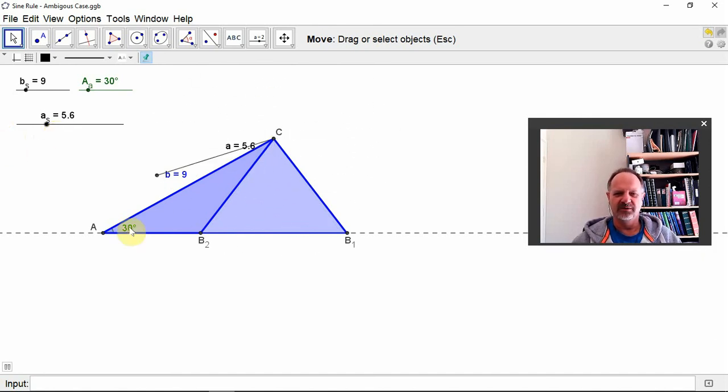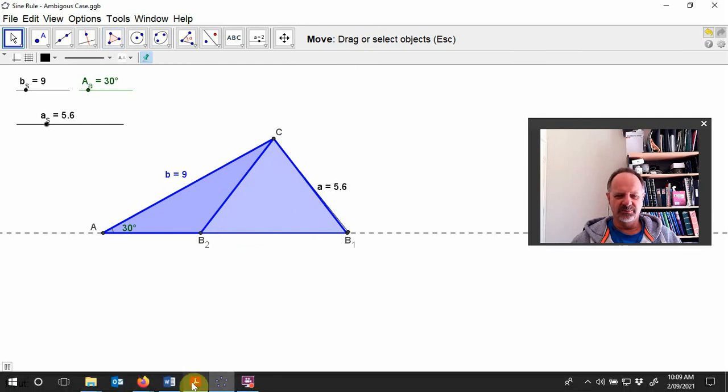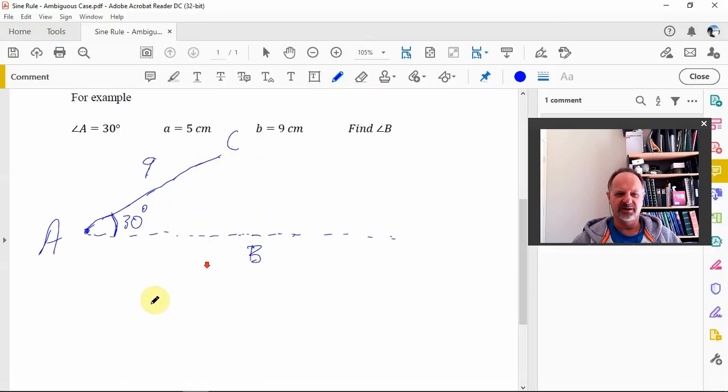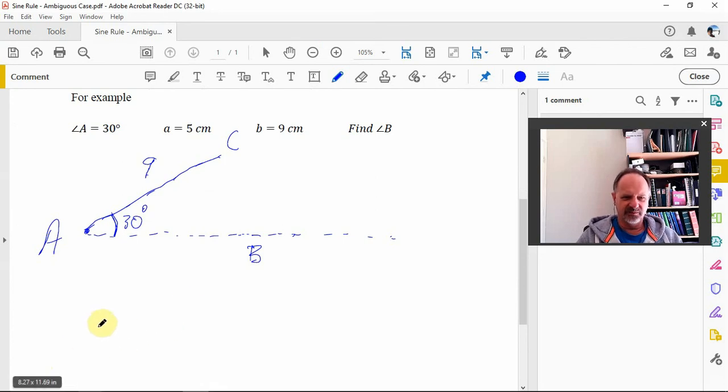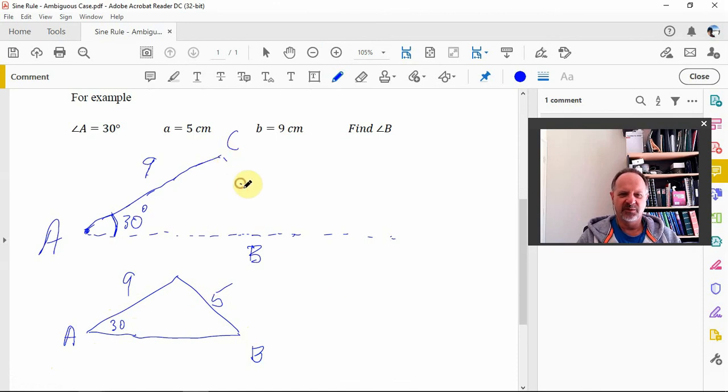So we end up with two possibilities. What are the two possibilities? This 9, here's our 30. Does it look like this? That's 5, so that's the one out here. Or when we swing around, does it go down there? Is the geometry of that triangle like that?